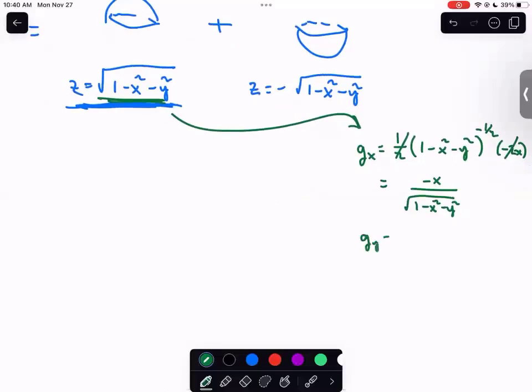If I take a partial derivative with respect to y, it's maybe not surprising that you have pretty much the exact same thing. There's a lot of symmetry going on here, except that when you take the derivative of the inside, you're going to have negative 2y. Still the 1/2 and the 2 will cancel. You'll still have a y on top, and the bottom will be as is.